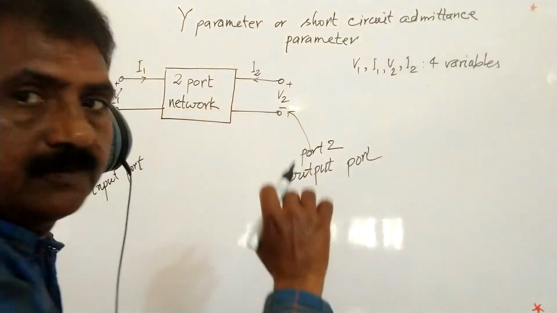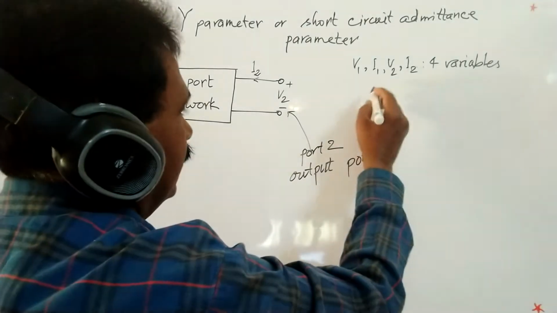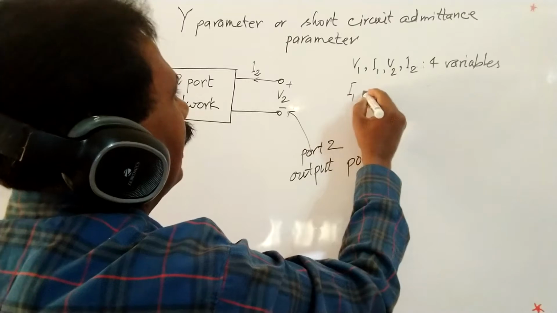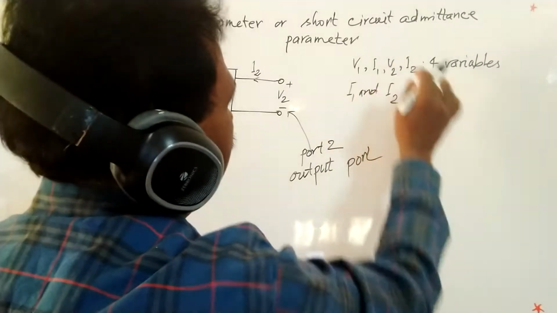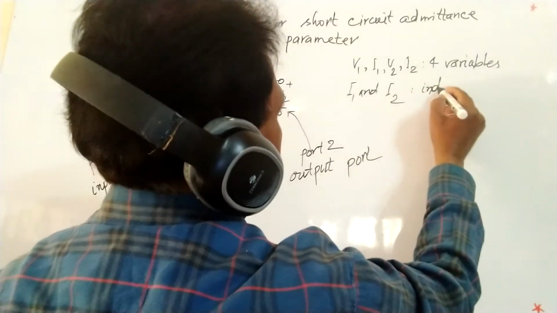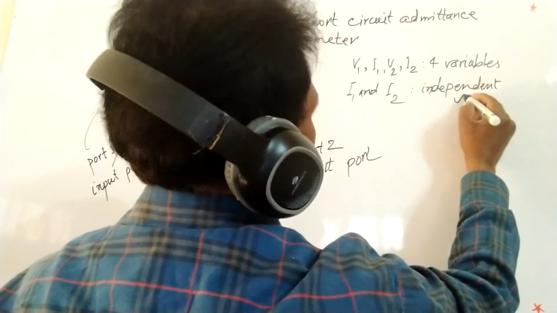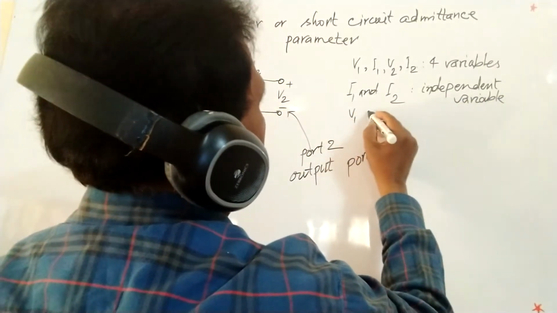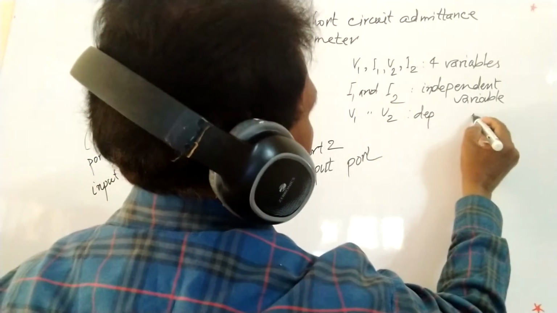When we were talking about Z parameters in the previous class, we had taken I1 and I2 as independent variables, and V1 and V2 as dependent variables.